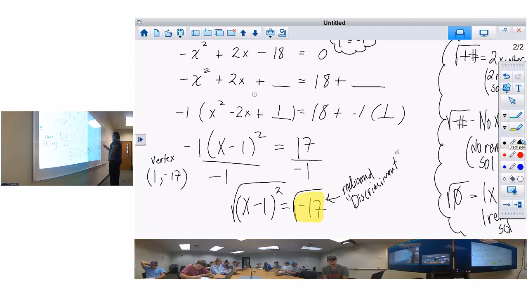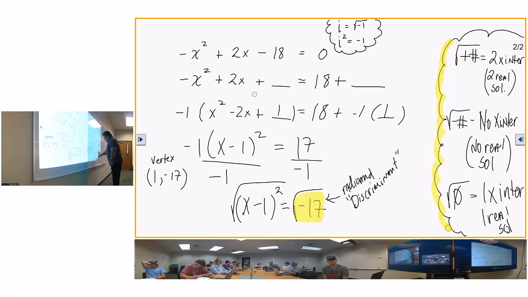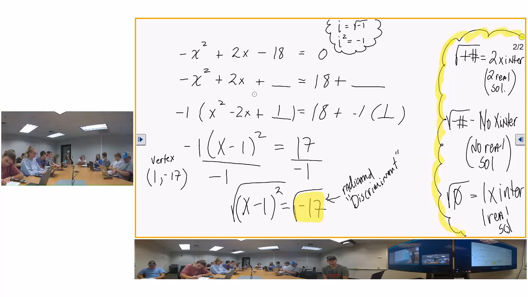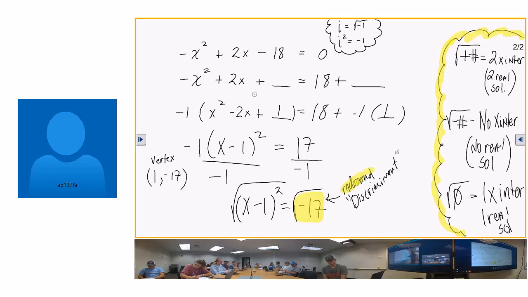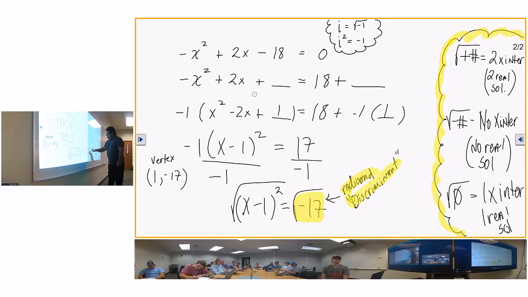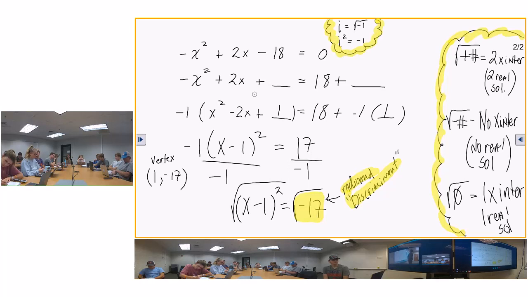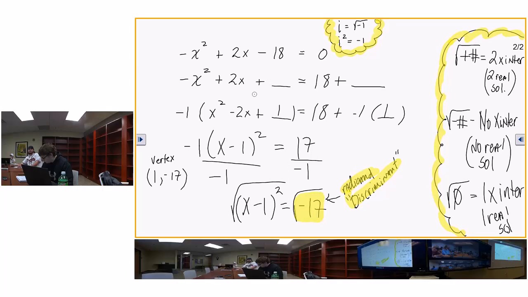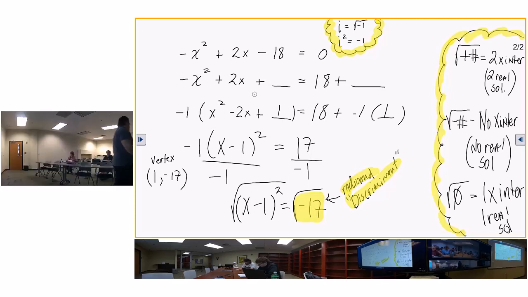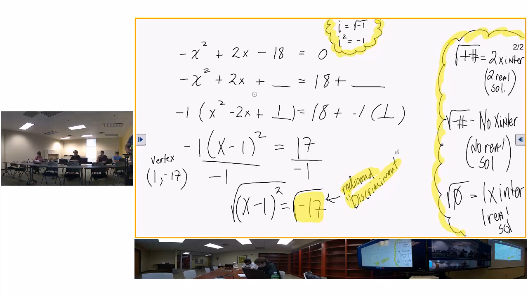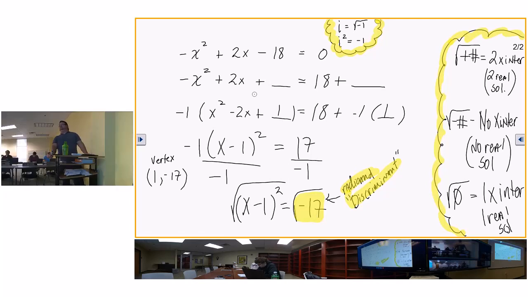So I think I would highlight probably this, for the one person that highlights things. Now, is that i always lowercase? Yes. When you get to physics, it's going to be called j, because i is the unit vector.